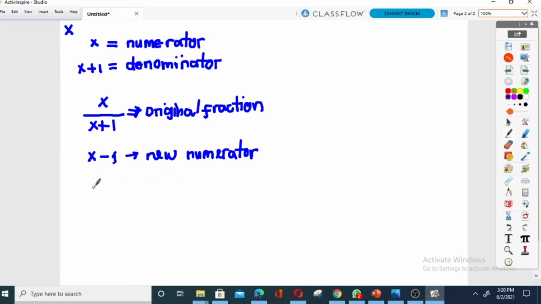And the denominator is increased by 2, so the denominator is x plus 1 plus 2.